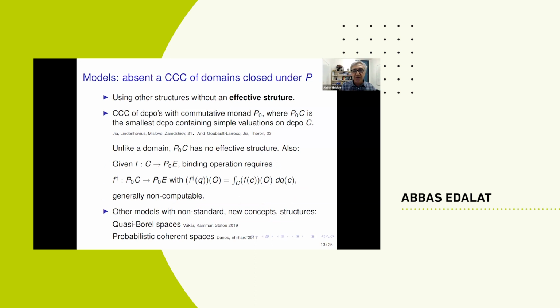But of course, no one could come up with a Cartesian closed category of domains closed under P.